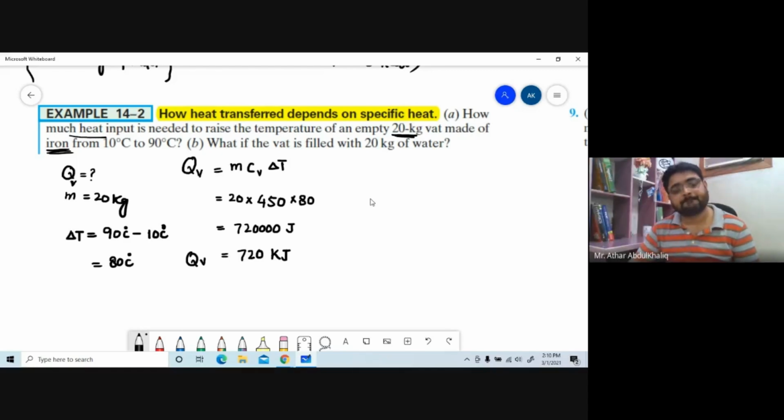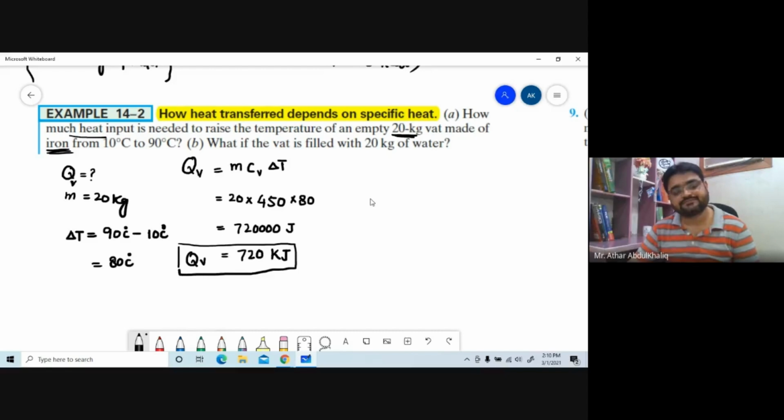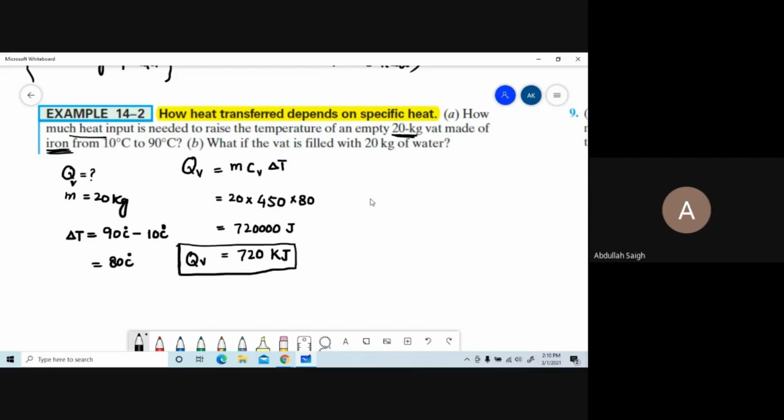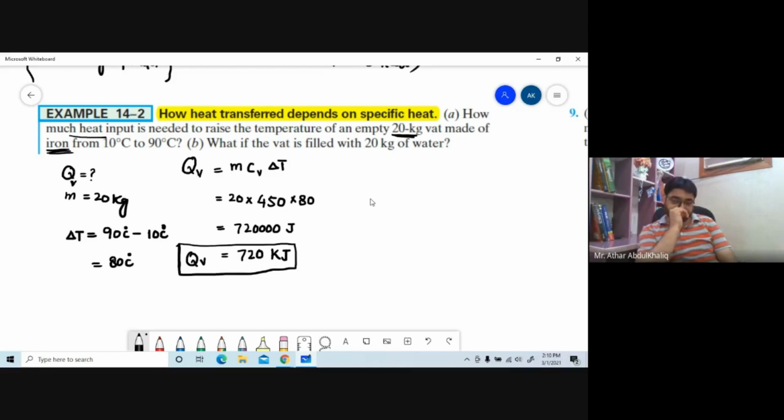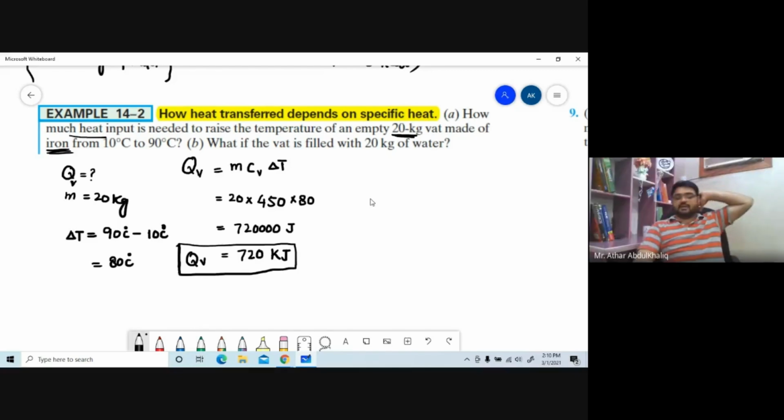It will become 720. Okay. This is the amount of heat that is required to raise the temperature of the vat from 10 to 90.